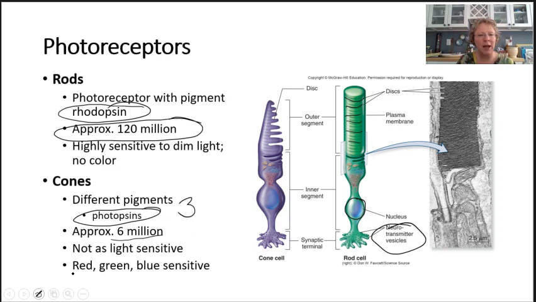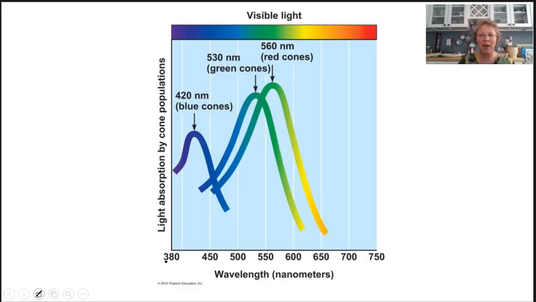And for humans, we have 3. One responds better to red, one responds better to green, one responds better to blue. And that just amazes me. You know, I go to paint stores and I look at all the different paint chips, and it amazes me how many different colors that we can distinguish. We can distinguish all those colors and yet only have 3 different types of cones.